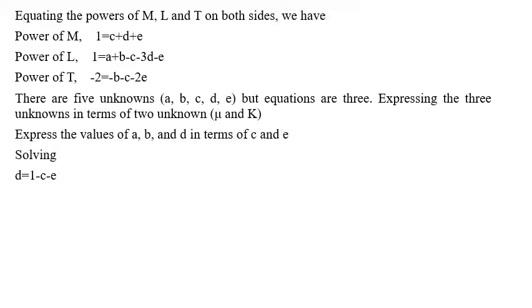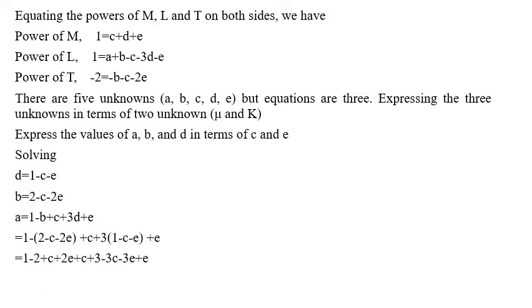So solving this, d is equal to 1 minus c minus e, b is equal to 2 minus c minus 2e, a is equal to 1 minus b plus c plus 3d plus e. And then simplifying those values after substituting the values of b as well as d, finally we will get the value of a is equal to 2 minus c.